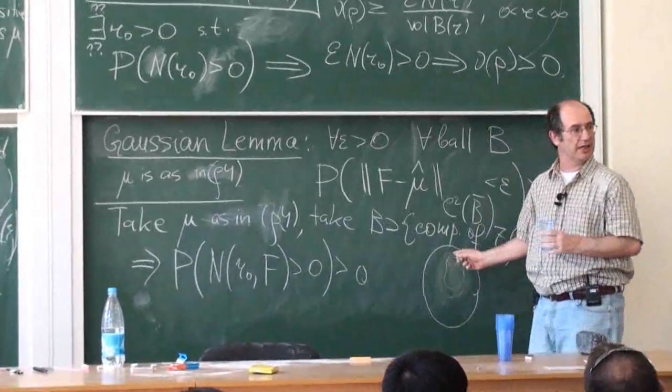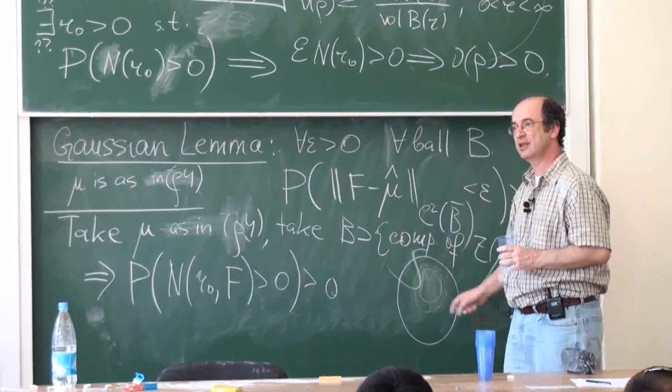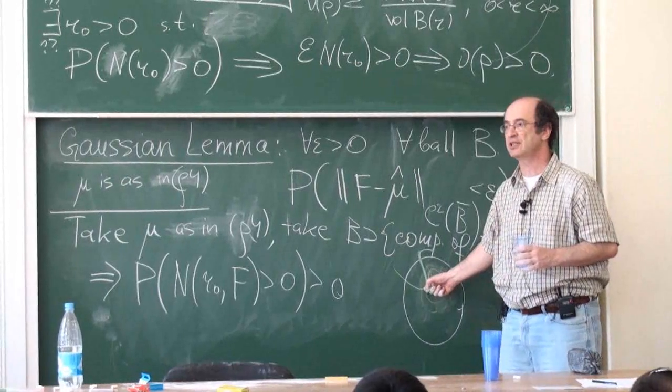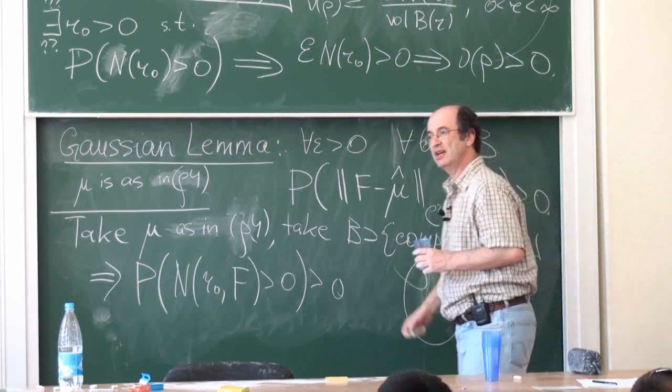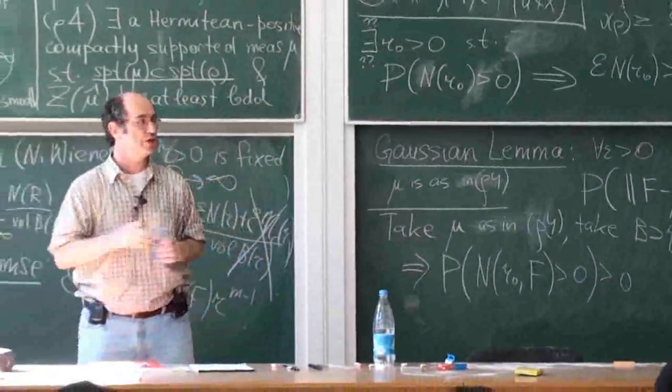The Gaussian function can be like this. I want to compute components which are inside. So if I know that the restriction on the circle has zeros, it doesn't tell me anything.